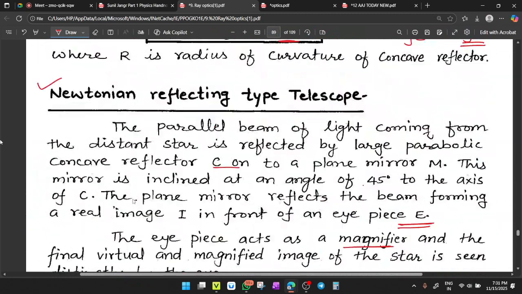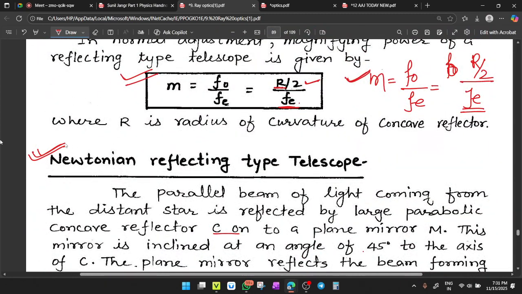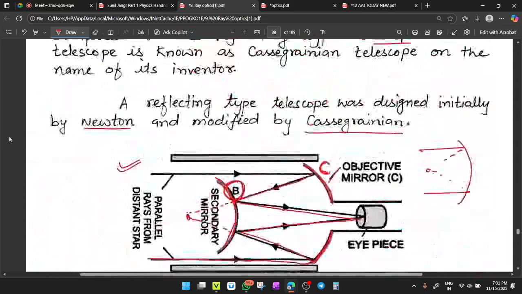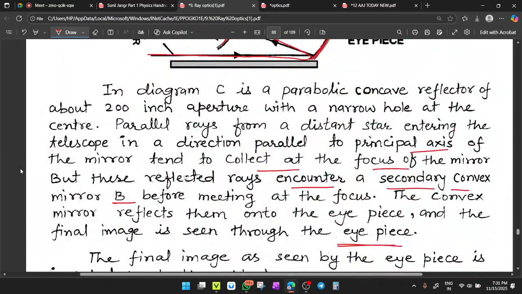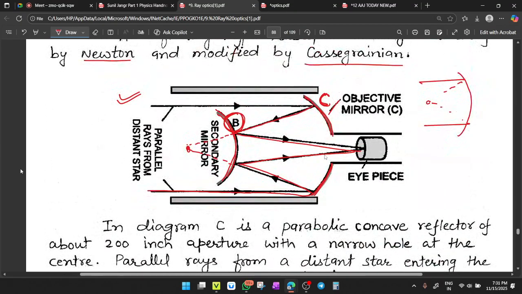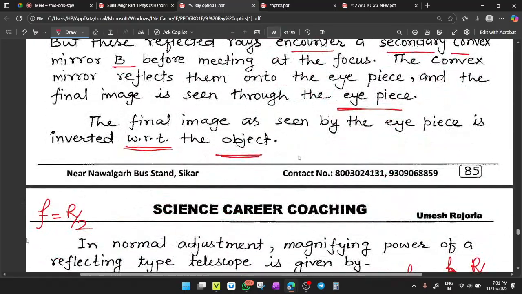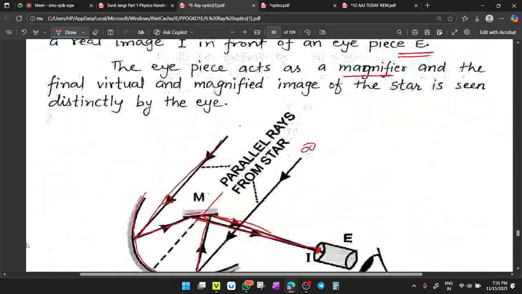Remember, the Newtonian telescope was discovered first. Then, in the same telescope discovered by Newton, Cassegrain made some changes and produced this type of telescope. Clear or not clear?